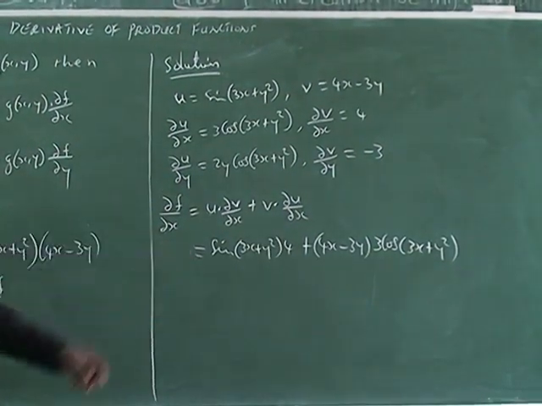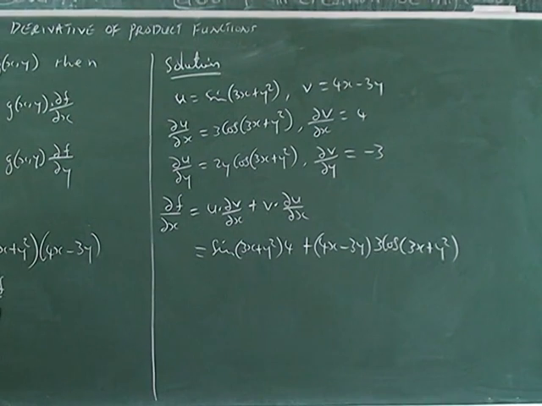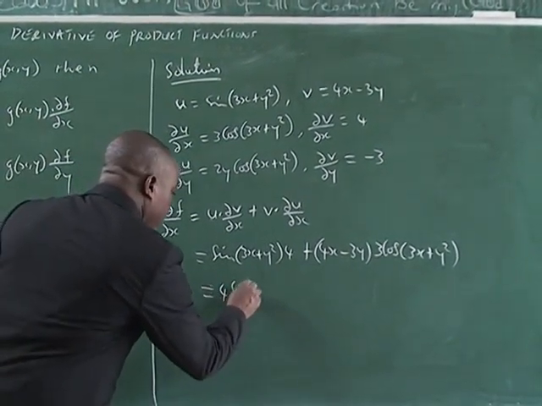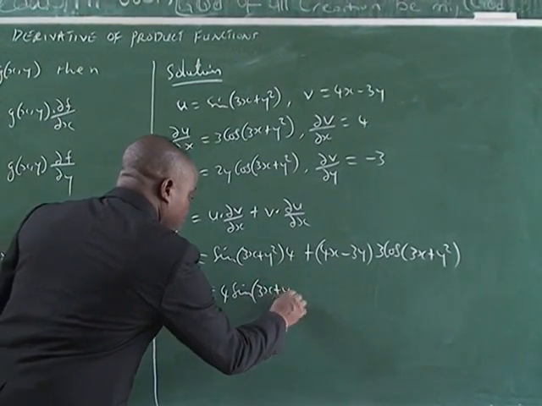This one will give us 4 sine 3x plus y squared.